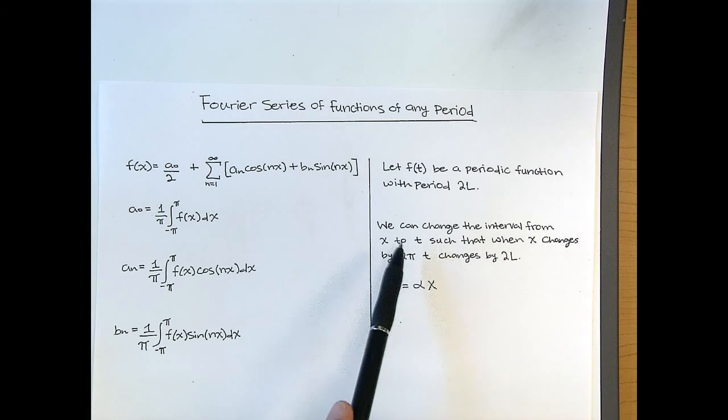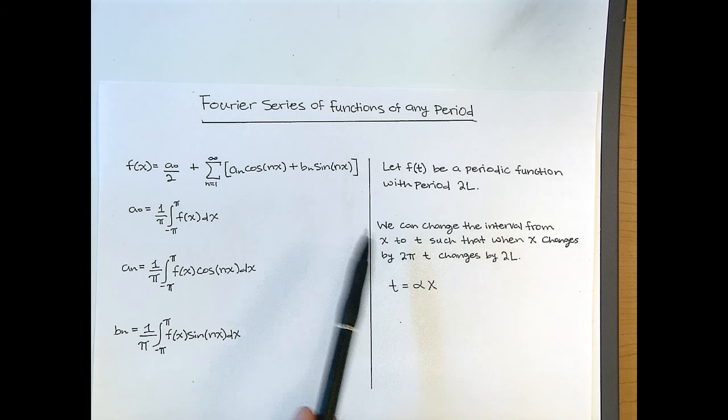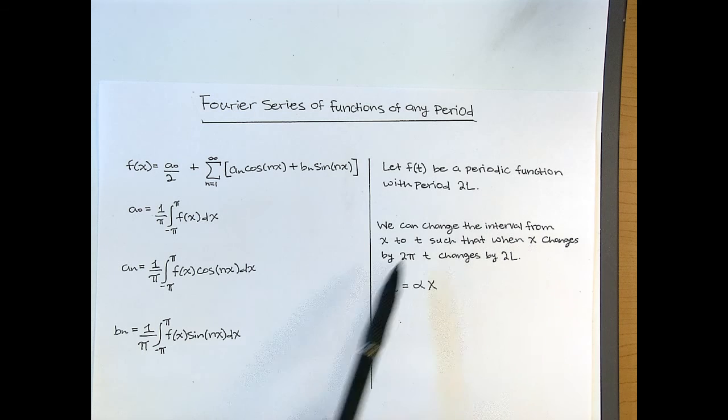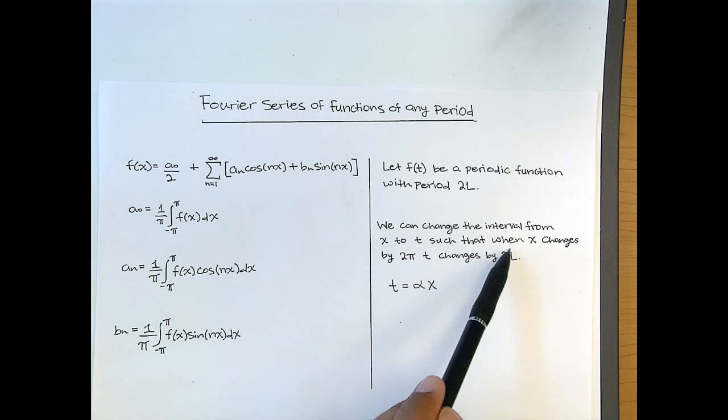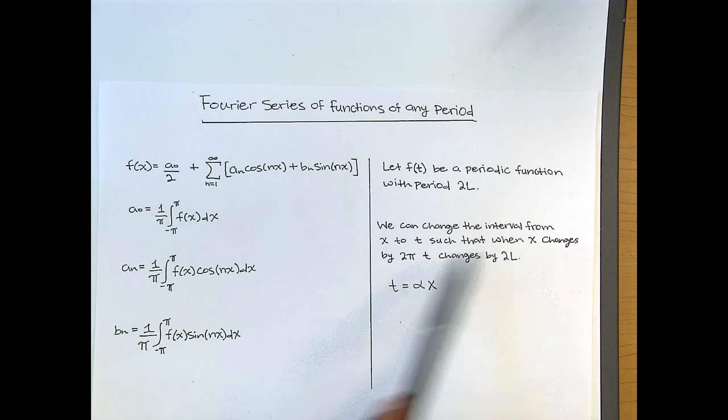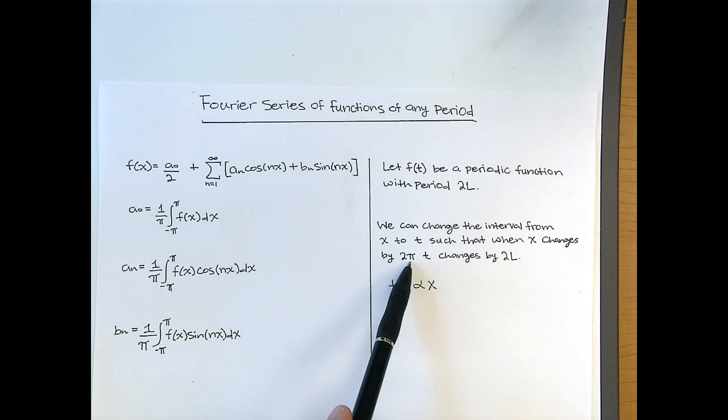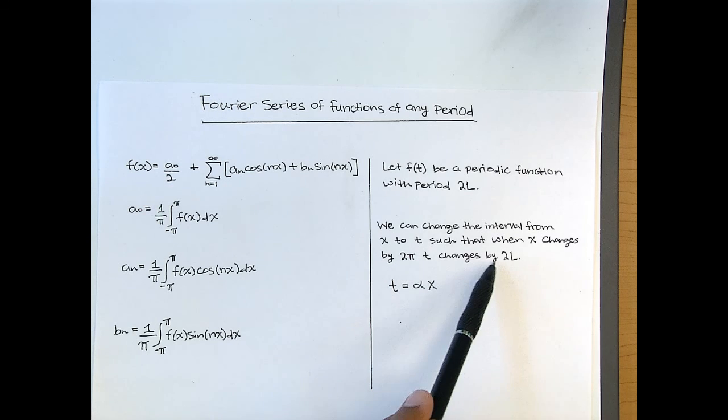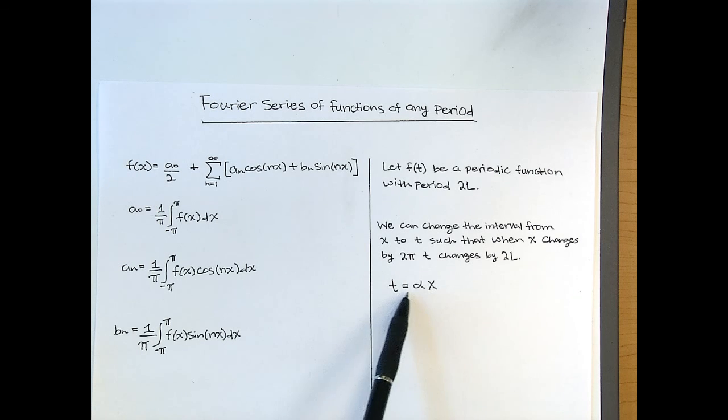We can actually change the interval from x to t such that when x changes by 2 pi, t changes by 2L. So t is actually some linear function of x. If we can determine what this alpha factor is, then we can determine the relationship between t and x. Okay, so how do we determine that?